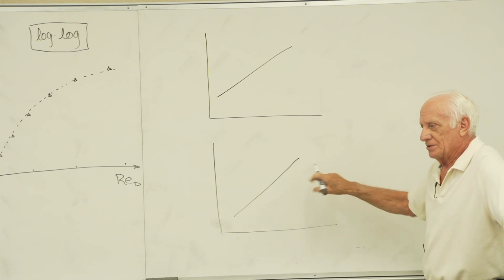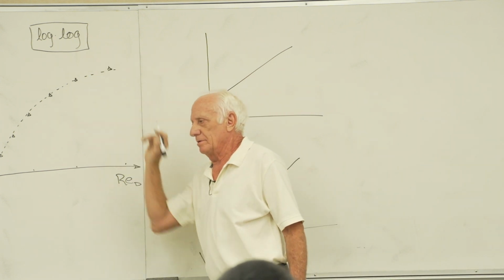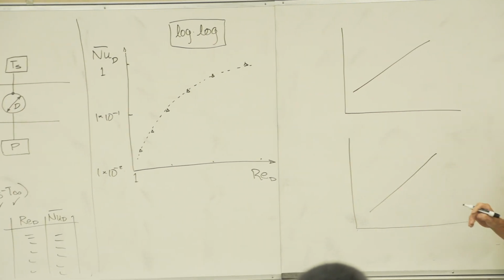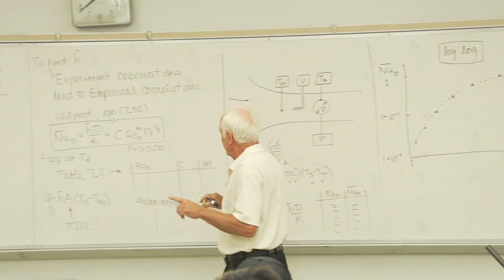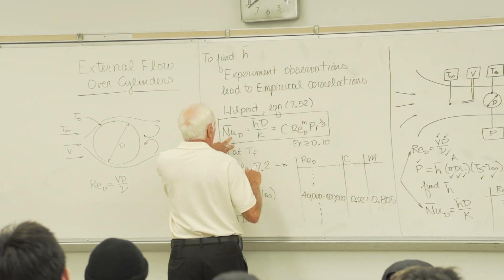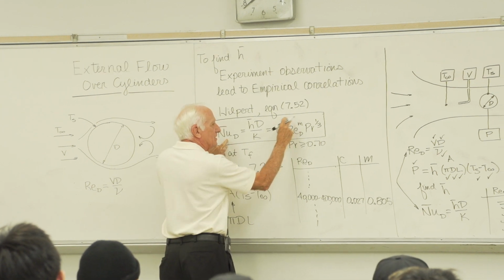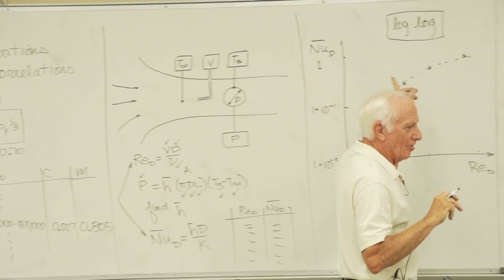If that doesn't work as a straight line, you might try and plot your data on log-log paper. If you get a straight line there, lucky you, it's a power law. Here's the power law. Y equals a constant, x raised to a power. If you get a straight line on log-log paper.